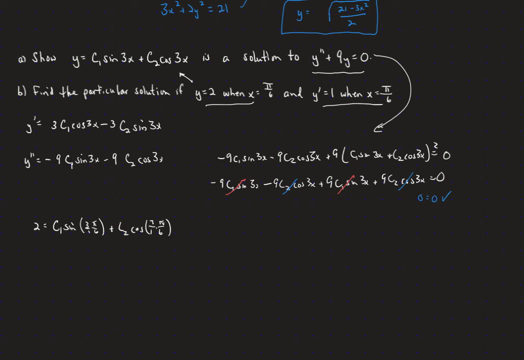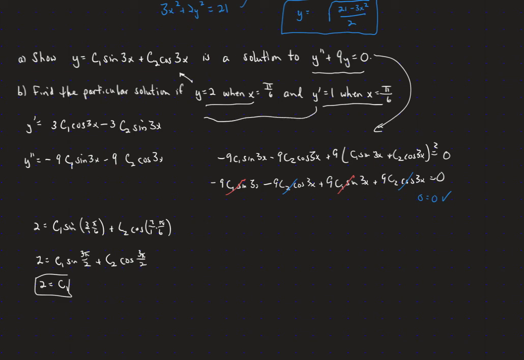And 3 times pi over 6, that's pi over 2. So we have c1 sine of pi over 2 plus c2 cosine of pi over 2. That's convenient because the sine of pi over 2 is 1 and the cosine of pi over 2 is 0. So we get 2 is equal to c1 times 1, and so there is our c1.